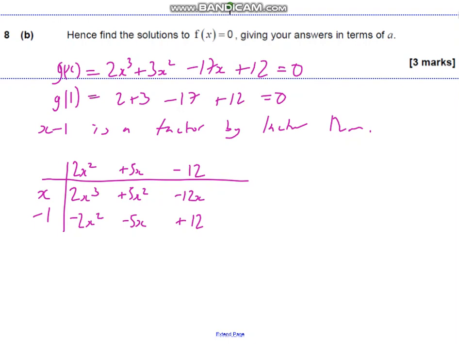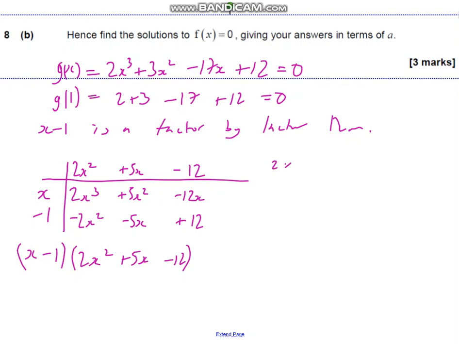Okay, so that now means that one of my factors is x minus 1, and my quadratic is going to be 2x squared plus 5x minus 12. Now I want to factorize that. Again, I'm just revising the basic technique here, like I said, you could have just used the calculator, but I think it's worth doing.